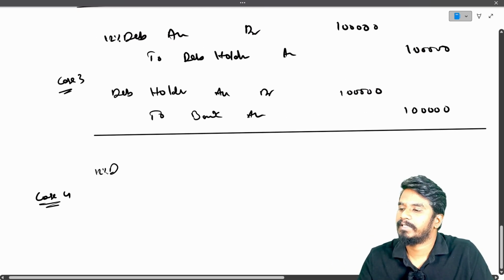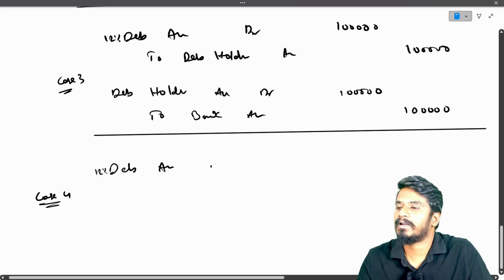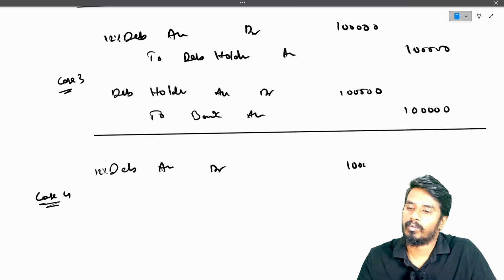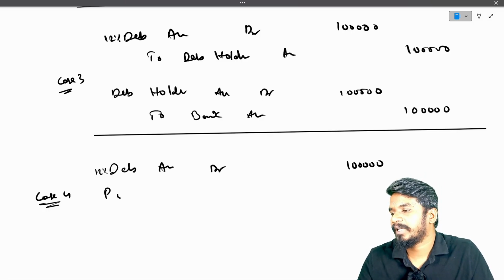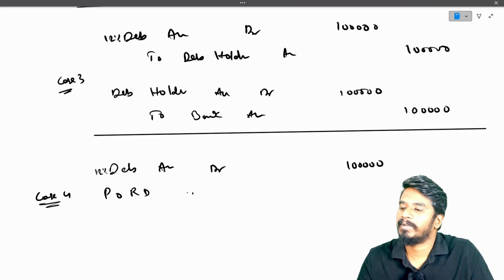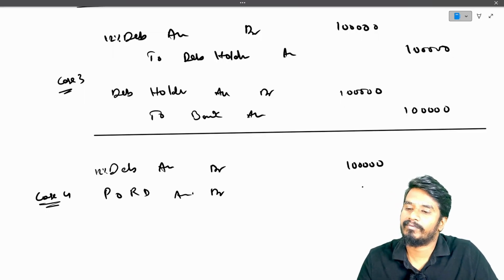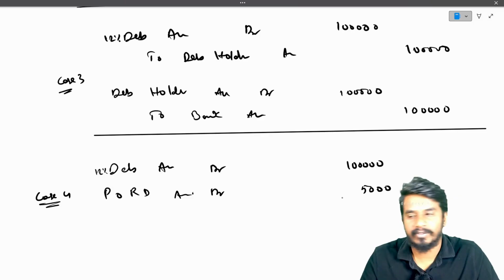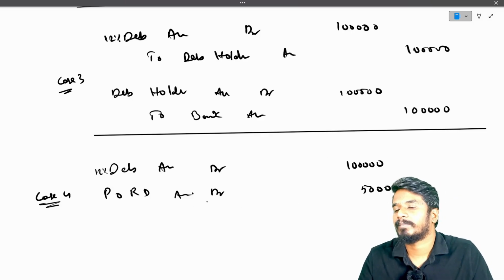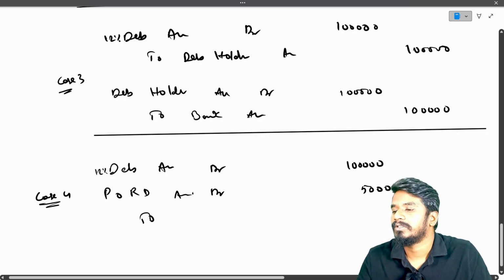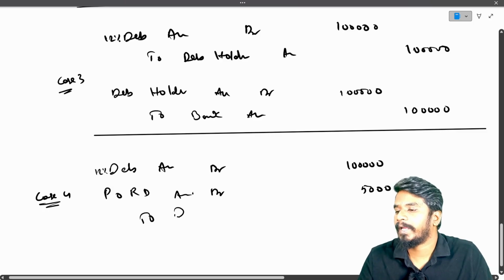So 12% debenture account will get debited for 1 lakh rupees, and the premium on redemption of debenture account will get debited for 5,000 because it is 5%. So 1 lakh into 5% will be 5,000. To whom we need to pay?